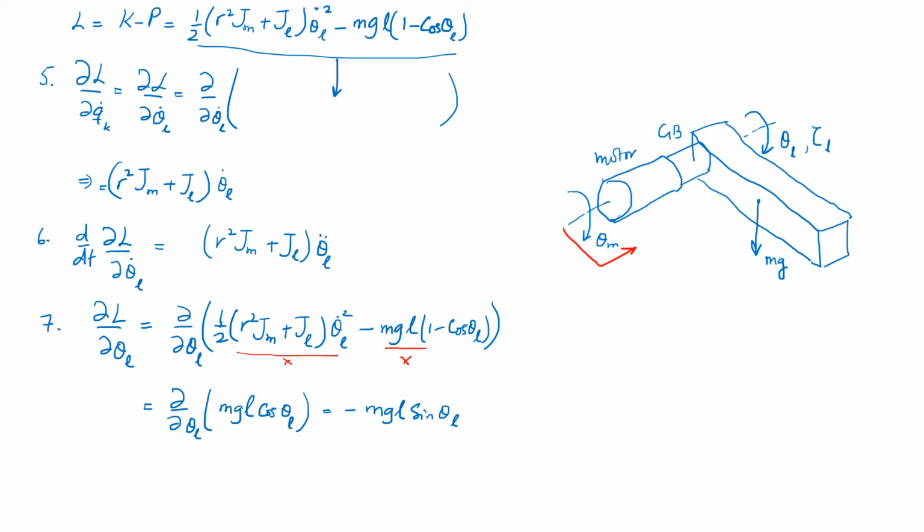And now what you can do, you can recall the expression which is obviously step number 8, and that is when you take the time derivative of partial of L by partial of, in this case, theta L dot, minus partial of the Lagrangian by partial of theta L, to be equal to the applied torque, which is the generalized torque over here.